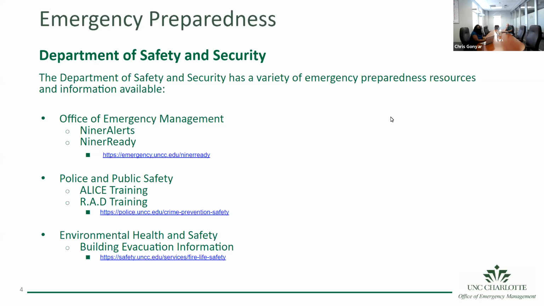So some of our resources for emergency preparedness. The Department of Safety and Security is actually made up of 4 different entities. So it's the Office of Emergency Management, which we're here representing today. It's our Police and Public Safety group. It's our Environmental Health and Safety group. And then it's our Risk Management and Insurance group.